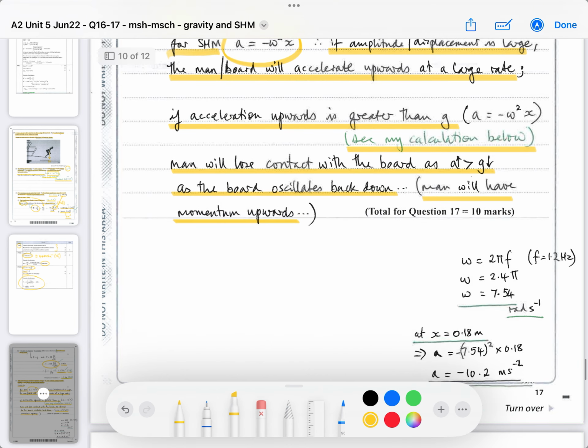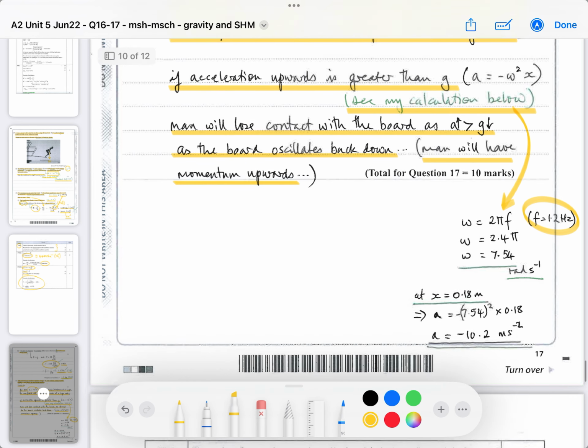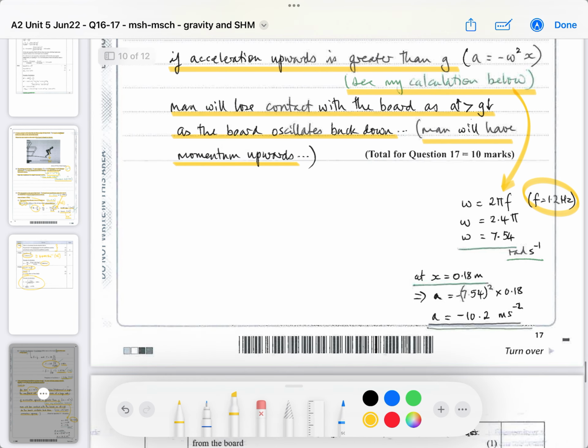So we know the frequency from the part before, so we can work out omega, first of all, using 2 pi f, which comes to 7.54, and then we can use a equals minus omega squared x to work out the acceleration, because you basically square omega, and the negative shows us the acceleration is upwards because the displacement was downwards.